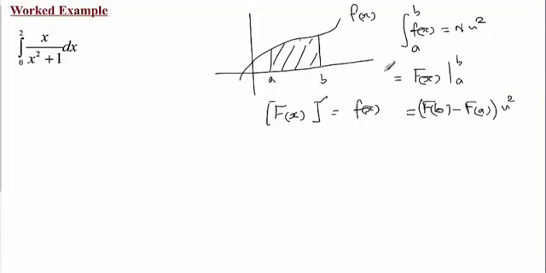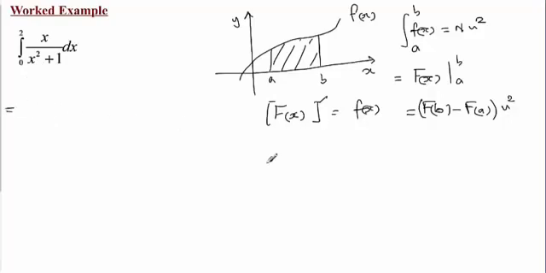Then you can say this is in units squared, depending on what type of units we're using on our x and y axis. Okay, so now we need to do similar work here, but in this case we need to use the method of substitution.